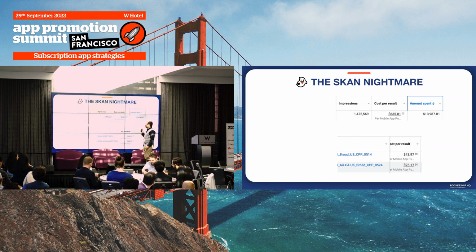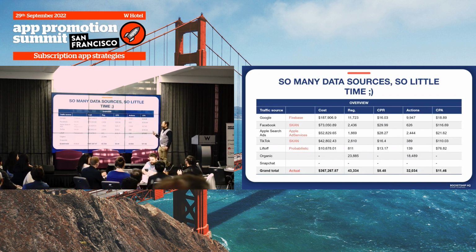What's even worse is SKAN is only one part of the picture. You have Google that uses Firebase, Facebook and TikTok that use SKAN, ad networks using probabilistic, Apple using Apple Ads. If you look at the CPA here, these are actual metrics, and I've anonymized the app itself.